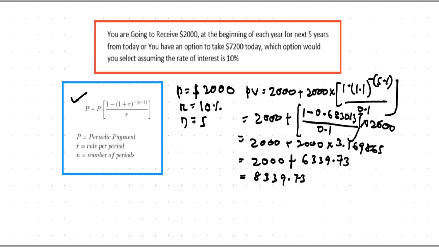So the present value of the annuity comes out to be $8339.73.